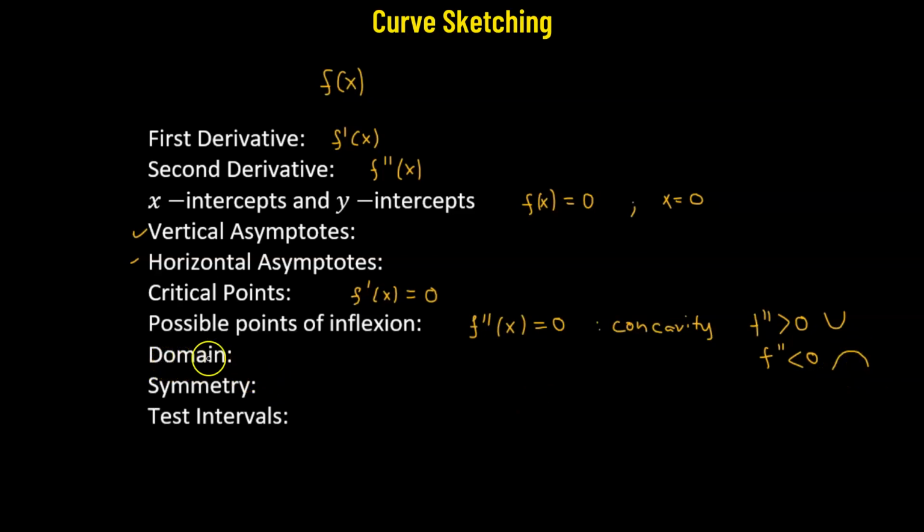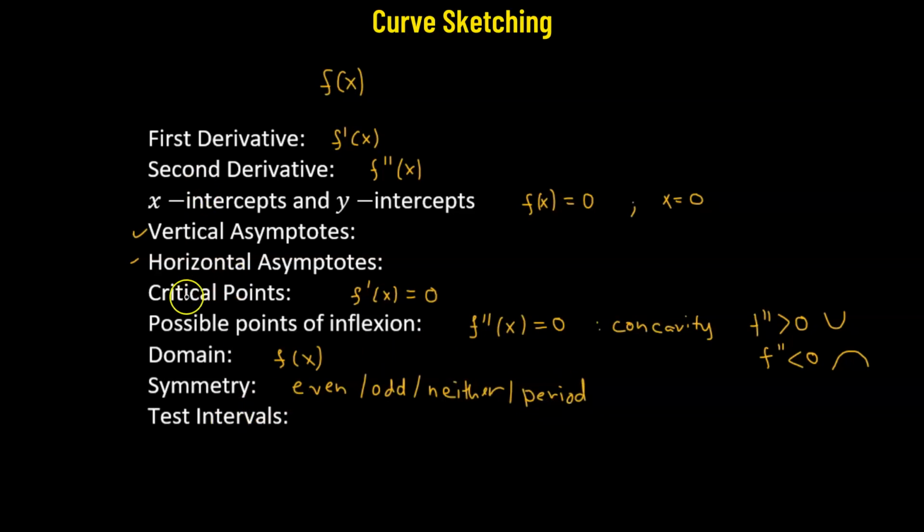The domain is also necessary. The domain always comes from finding all the values of x for which f of x is defined. Then we can also look for symmetry. The symmetry could be even, odd, or neither, or the function could be periodic as well. This is information that is going to help us sketch the graph.